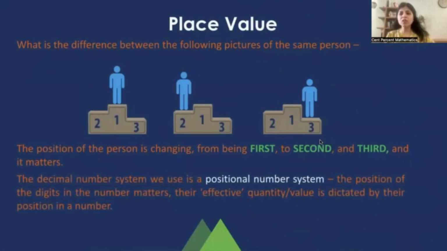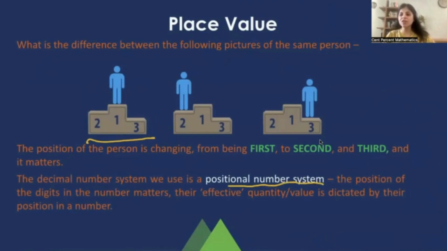So the position of the person is changing. And because the position is changing, the position does matter. When you run a race, if you come first in the race, you would want to stand on the first dais, right? So that is why it matters. The position definitely matters. And the decimal number system, so does maths, is all about the position of the digits.